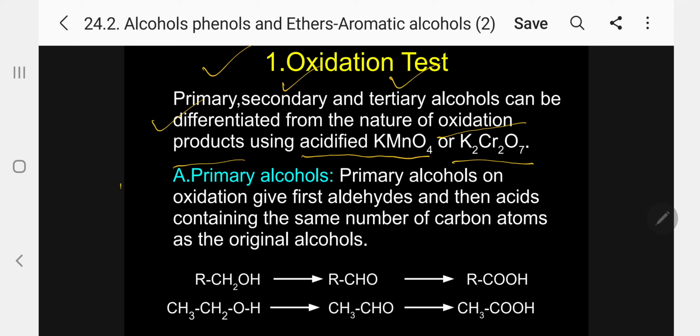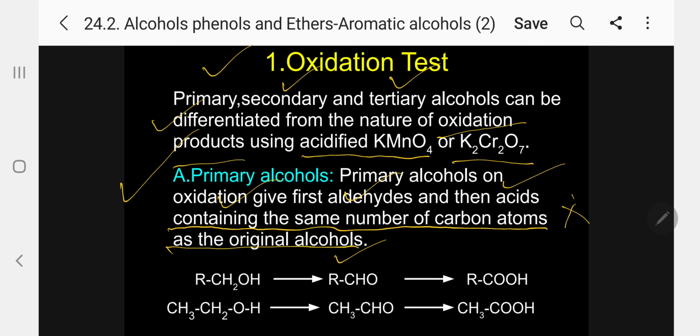In the case of primary alcohols, primary alcohol on oxidation gives first aldehyde and then acid containing the same number of carbon atoms as the original alcohol. So whatever carbon is present in the alcohol, the same number is also present in the acid. Then it will be primary.